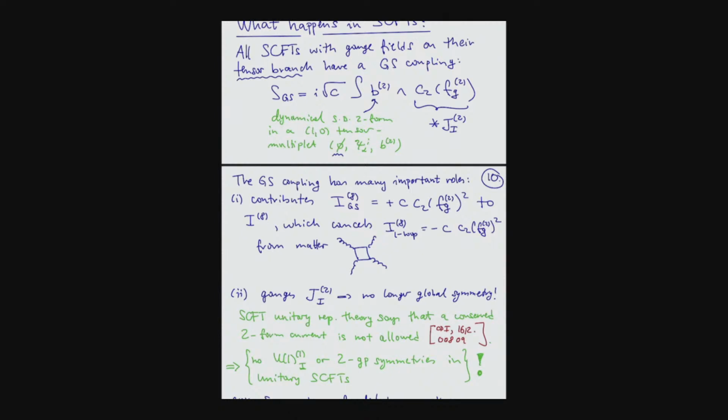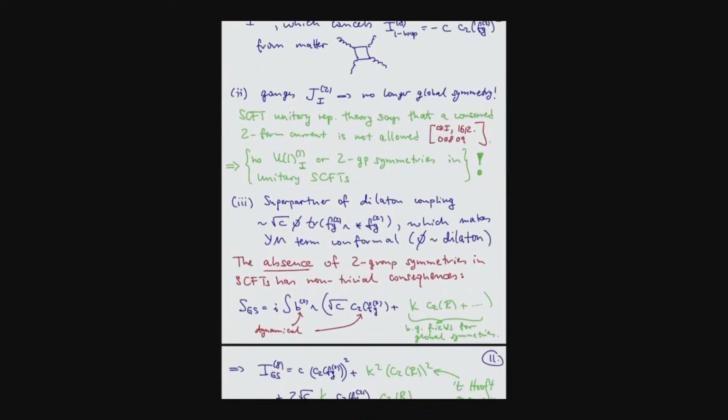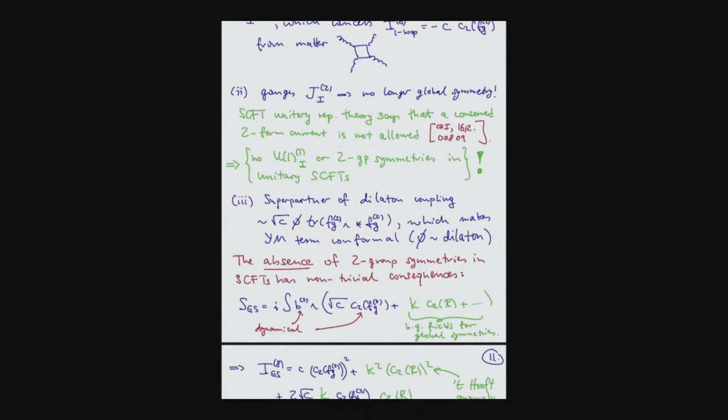It's like taking a global symmetry and coupling it to QED. The thing that used to be the global symmetry is now the electric charge, and it's no longer a global symmetry in the same sense. So this coupling gauges the instanton two-form current, and it destroys the one-form symmetry that I've talked about in the first half of the talk.